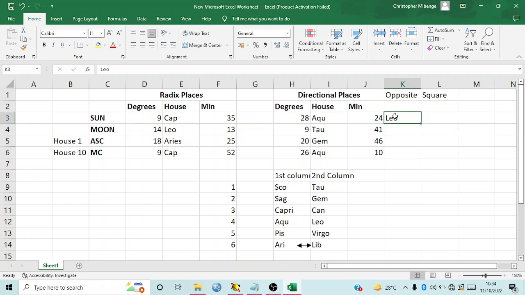Leo, right? So the position of the direction of sun, Aquarius 28 degrees 24 minutes, is Leo, right? Leo 28 degrees 24 minutes. That's the opposite position of the direction of sun, right?